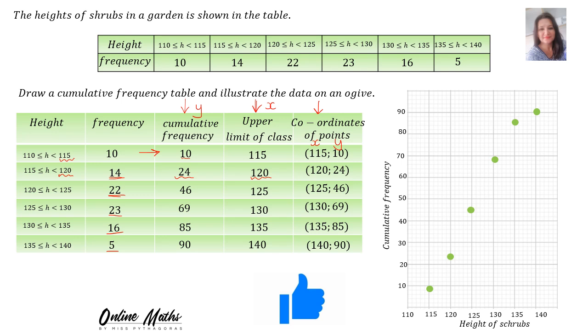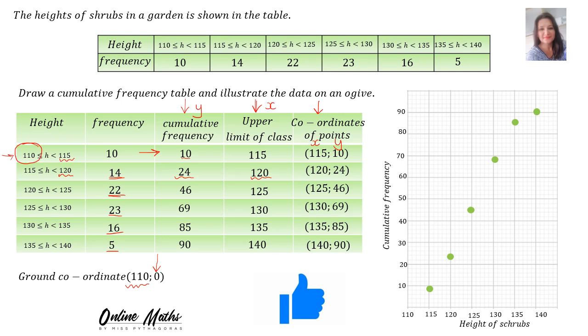Then you also have to ground your ogive. For the y-coordinate, it is always 0. For the x-coordinate, you go to your class intervals on the height, to the first one, and your x-coordinate for the ground coordinate is always that very first value in the corner.